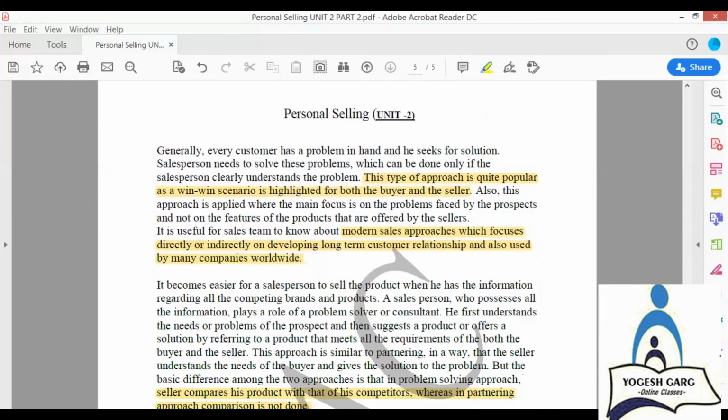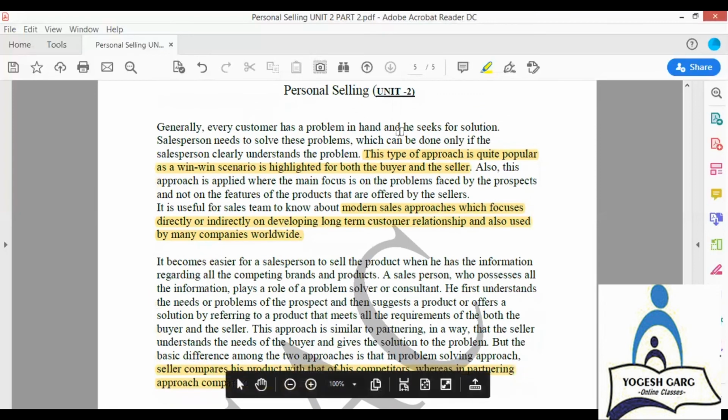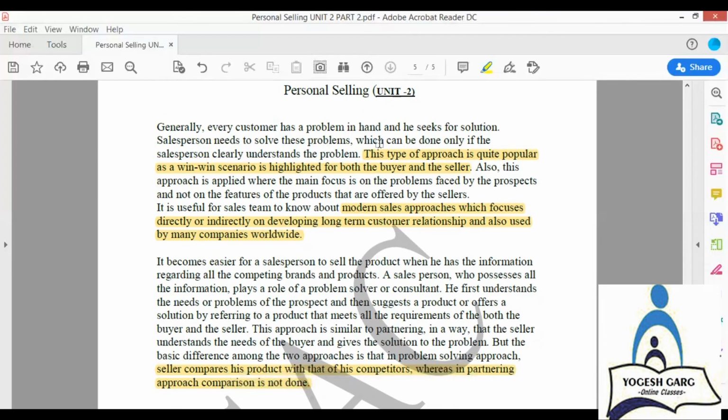Generally, every customer has a problem in hand and seeks a solution. The salesperson can solve these problems only if they understand the problem. This type of approach is quite popular as a win-win scenario is highlighted for both the buyer and the seller.